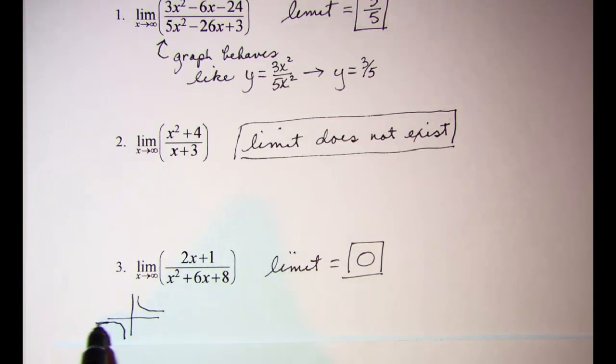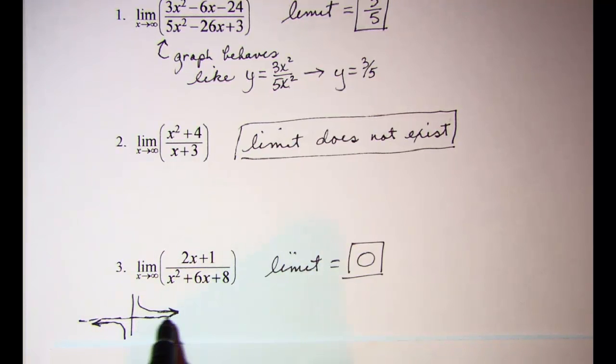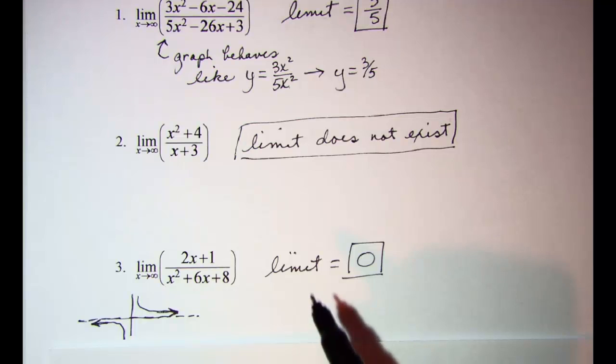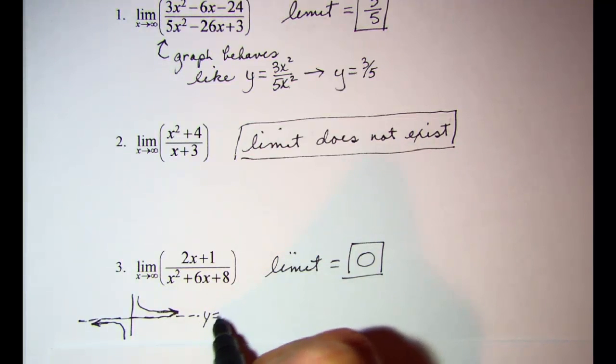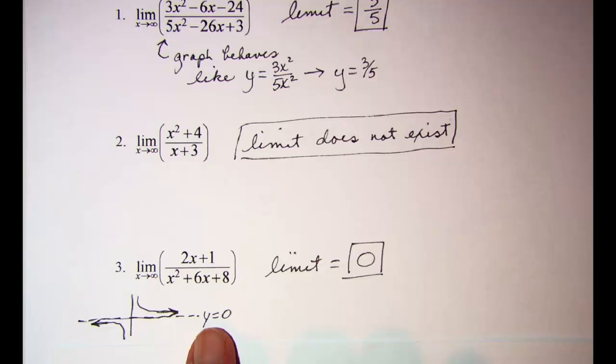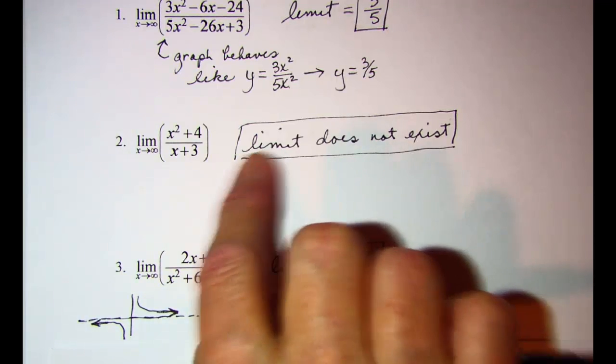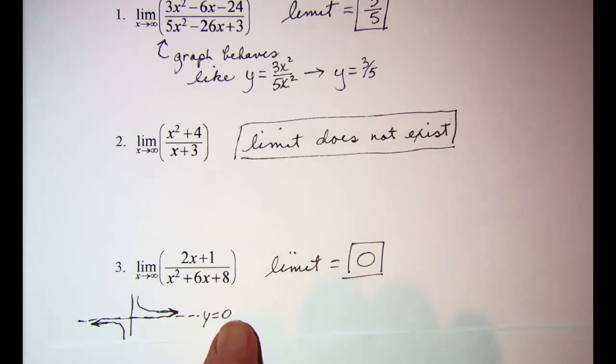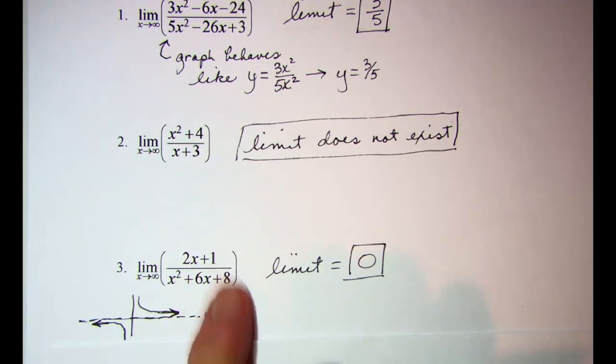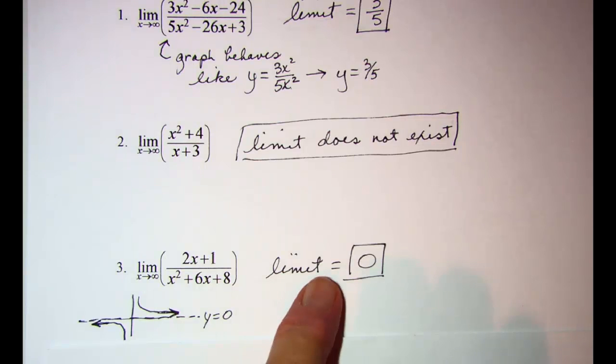And so at infinity, the line y equals 0 is our horizontal asymptote. So basically what we're looking at is the asymptotes, the horizontal or oblique asymptote. This one would be an oblique asymptote. So y equals 0 is our horizontal asymptote for this type of equation. So the limit is 0.